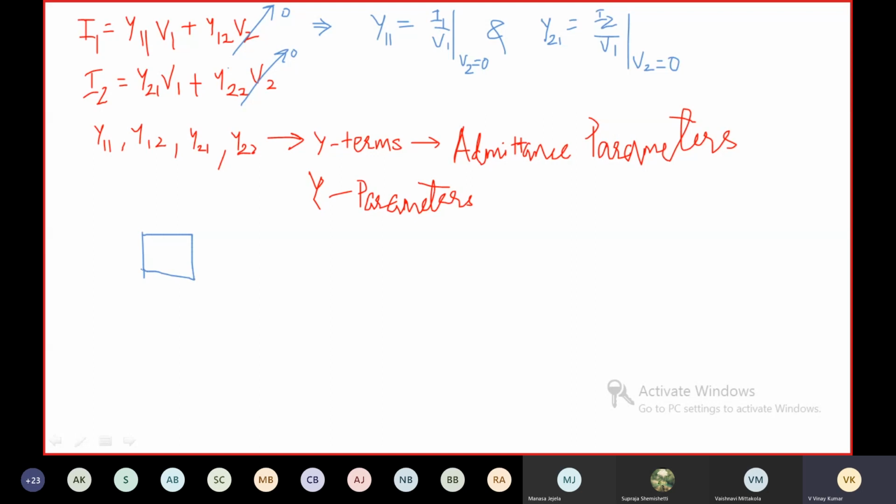We have a network like this. This is the network. This is port 1 and this is port 2, with V1, V2, I1, and I2, right?